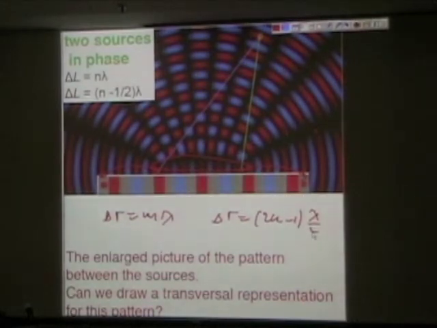Sources are not moving, of course, and in phase. When the source on the right emits a wave with the maximum intensity, exactly at the same time the source on the left emits a wave with maximum intensity.